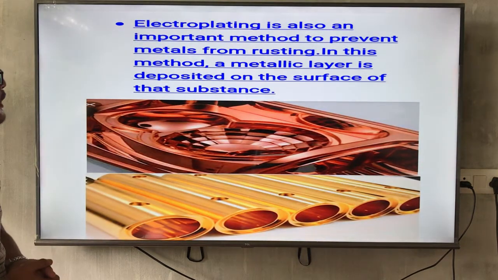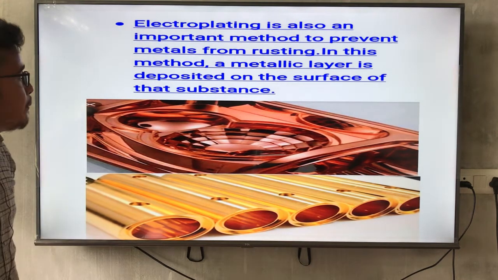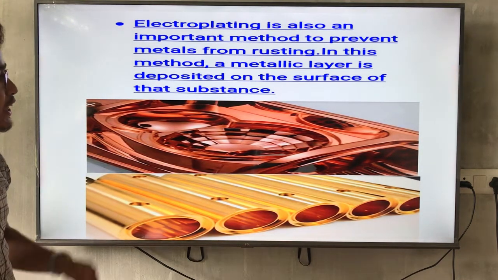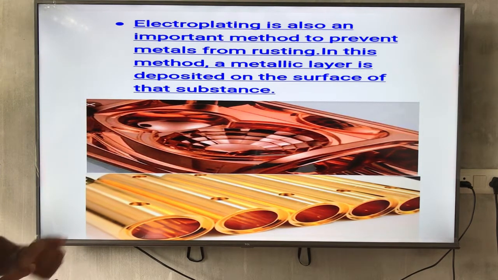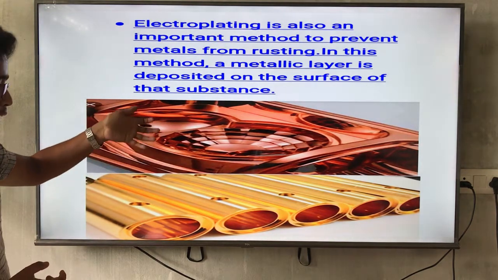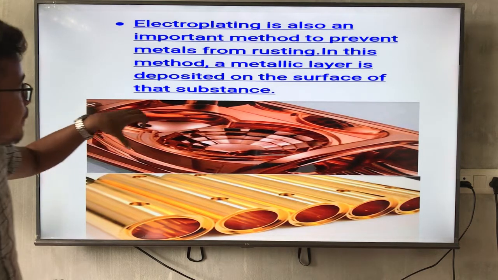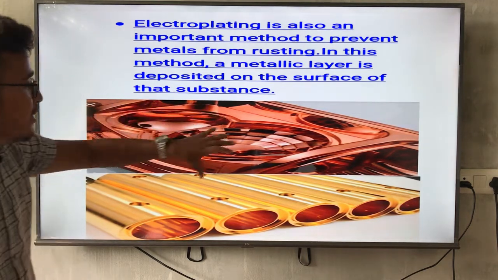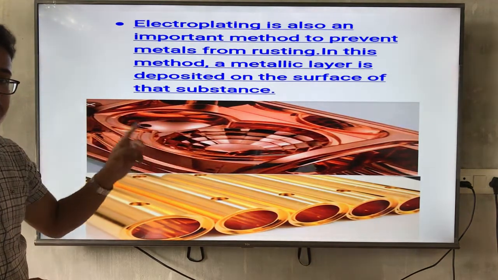Another point here: electroplating is an important method to prevent metals from rusting. In this method a metallic layer is deposited on the surface of the substance. Now you can see here one substance, and a metallic layer is coated on this substance to prevent it from rust.